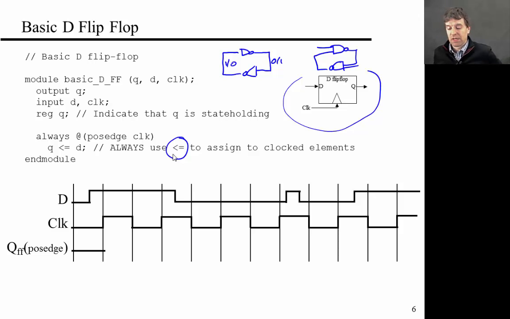Good. So let's quickly think about what this system actually does. I said that always at the positive edge of the clock, I'm going to take the value of Q and replace it with the value of the data. But what exactly do I mean by this? Okay, so here, let's first identify the positive edges of the clock.